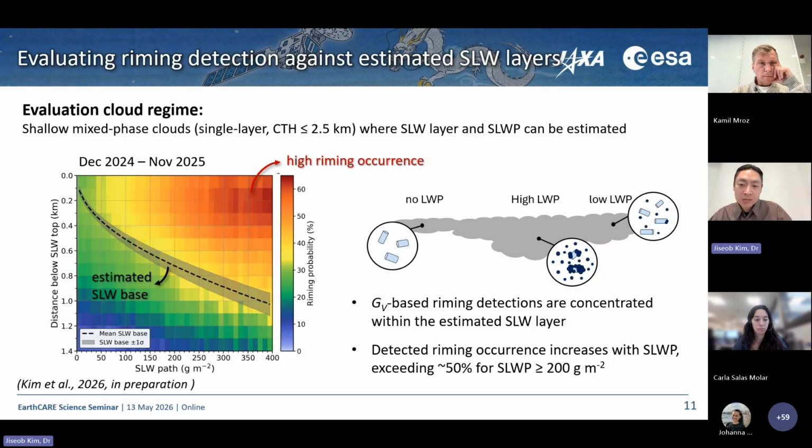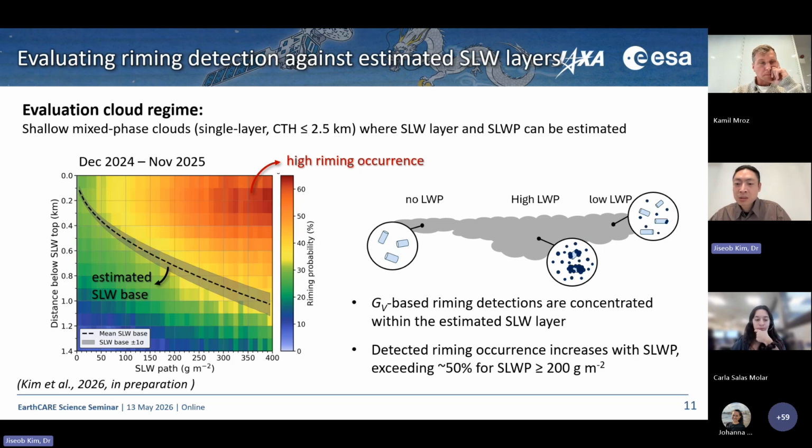So it does not mean that supercooled liquid water always exists only inside these layers, but statistically, it is probably concentrated there. As liquid water paths increase, the liquid water layers become deeper, and the riming probability also increases. When liquid water paths become larger than about 200 grams per square meter, the riming probability exceeds about 50%.